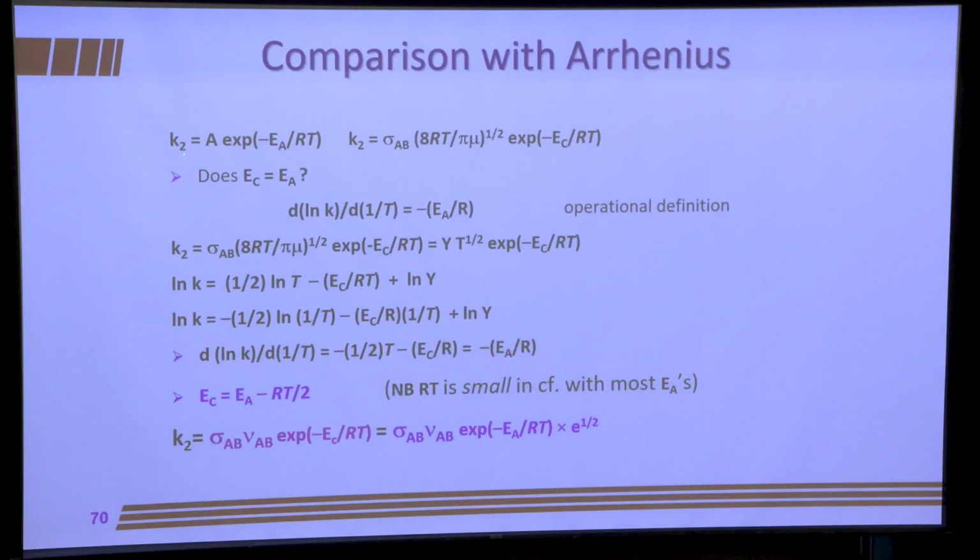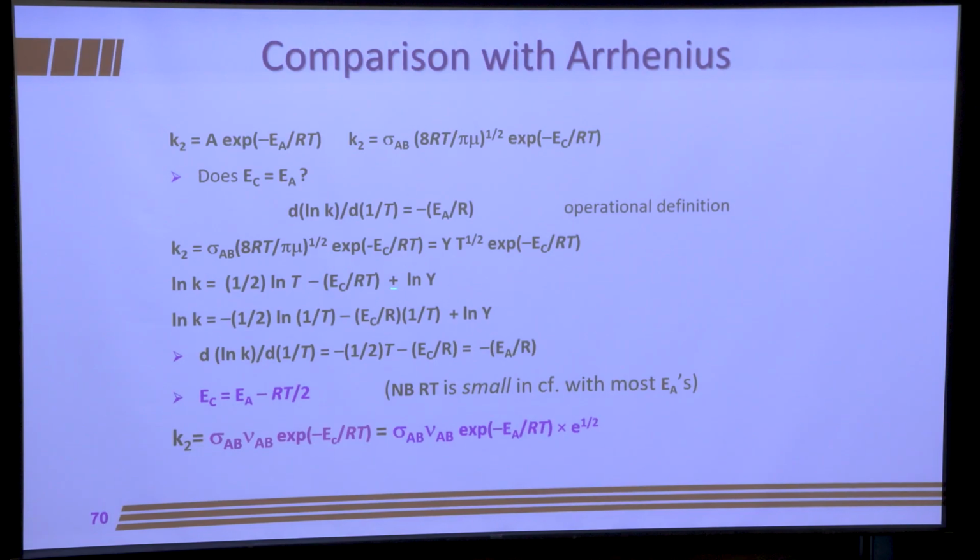So if we have log K is equal to log A minus EA over R times 1 over T, okay? So d log K, the derivative of log K with respect to 1 over T is minus EA over R, okay? And we have K2 is equal to sigma AB, 8 RT over pi mu, the square root of that, times the exponent of minus the critical energy over RT.